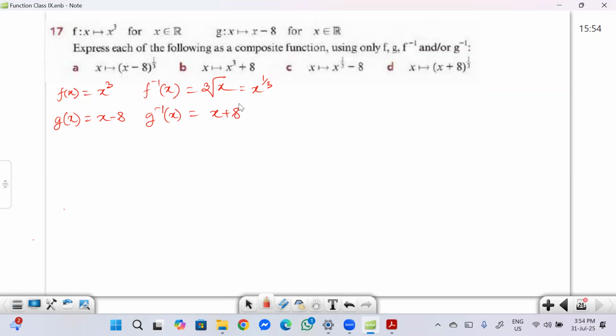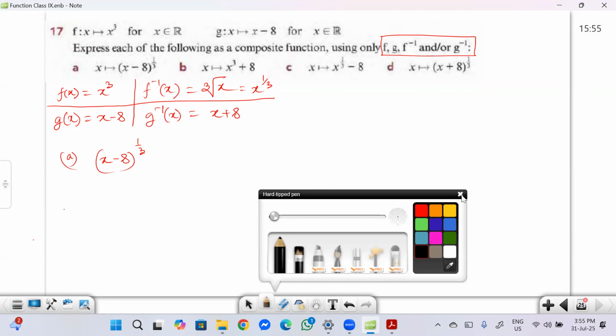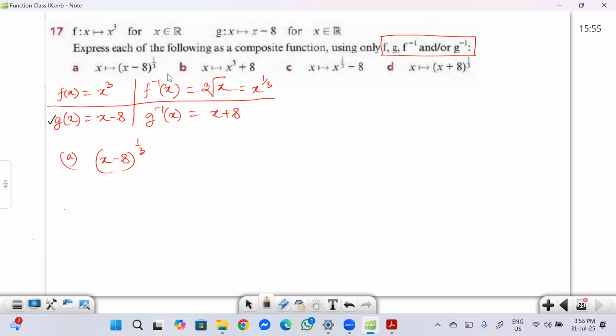Okay, so if you guys have any confusion regarding how we have found out the inverse f inverse x and g inverse x, so you can go to the longer process that we have learned earlier। Okay, and you will get the same result। বুঝছি এই চারটা জিনিস কেন আমরা ফাইন্ড আউট করে রাখলাম, because the functions that we are going to deal with, they might be the combination of these four, or combination of two from these four। Okay, so now we will try to figure out which combination is going to create the respective function given। So now let's say x minus 8 to the power 1/3, so for this combination to happen, we need to select g of x, we also need to select f inverse। ঠিক আছে, so if we put f inverse x inside g of x, we will not get to this result, তাই না?